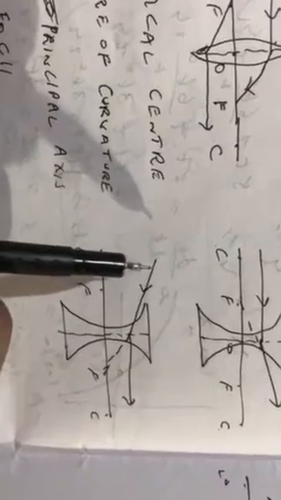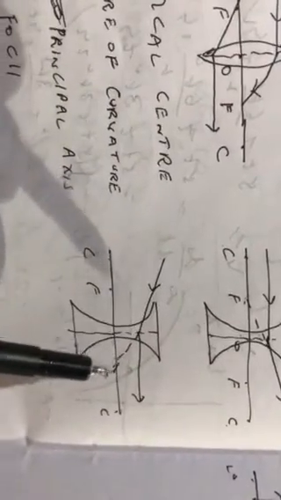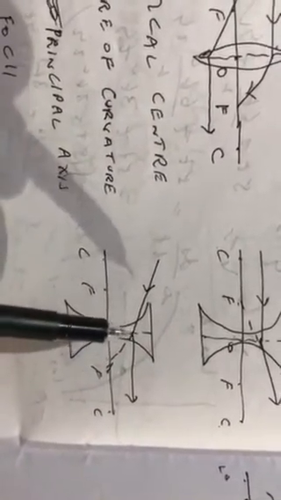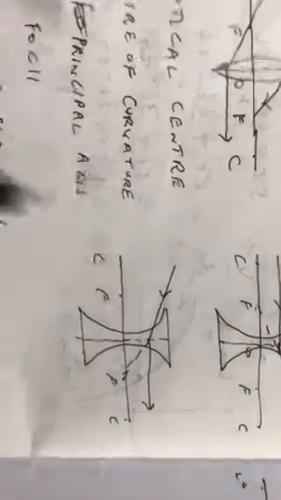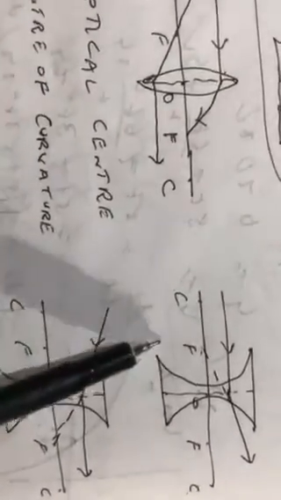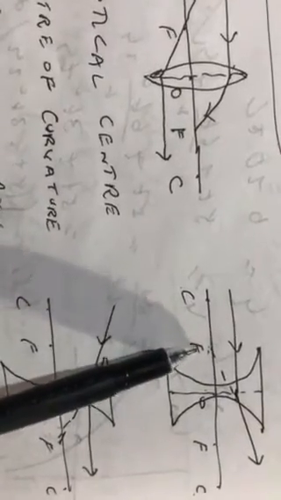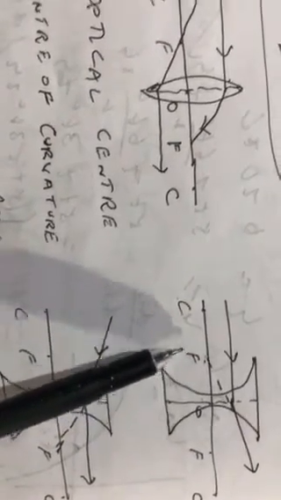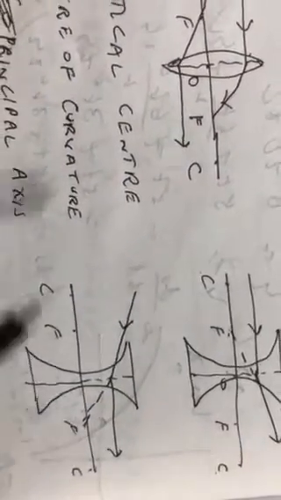On the other hand, a ray which is appearing to go to the focus, after refraction it will become parallel to the principal axis. Now whenever this happens, we call this a virtual focus, right? So these two are called real focus and these two are called virtual focus.